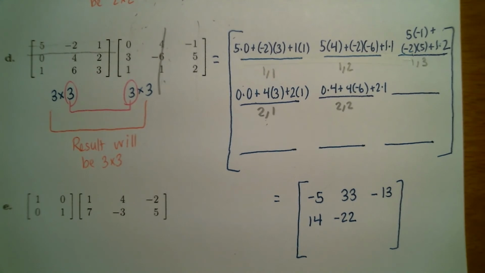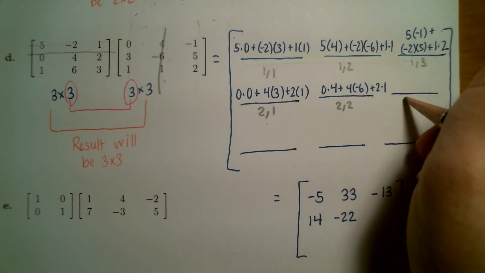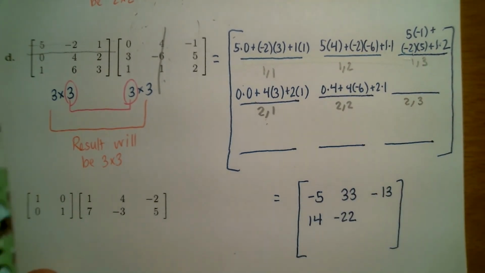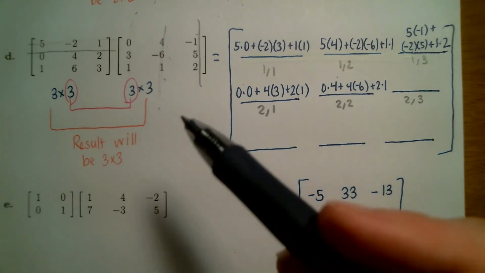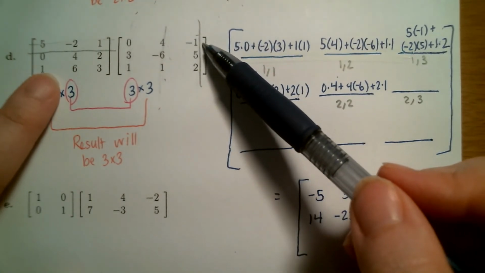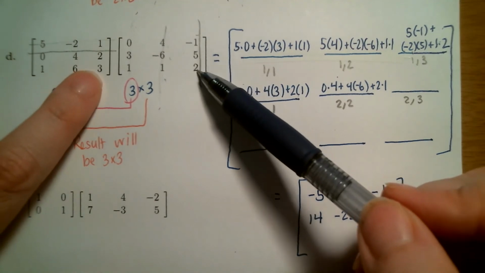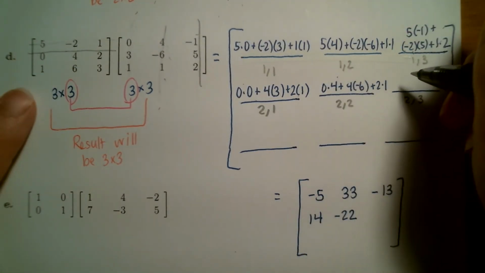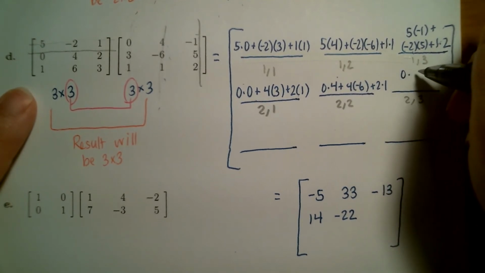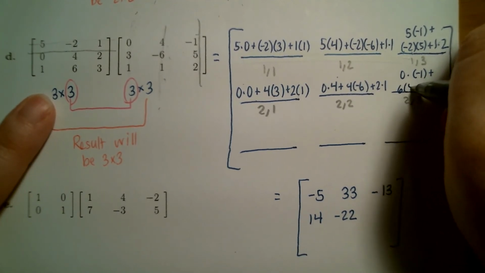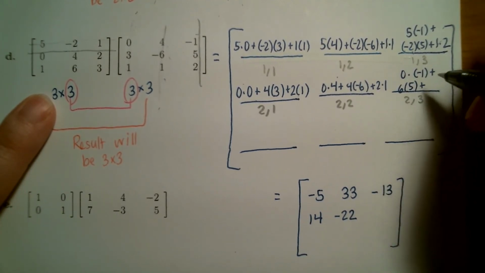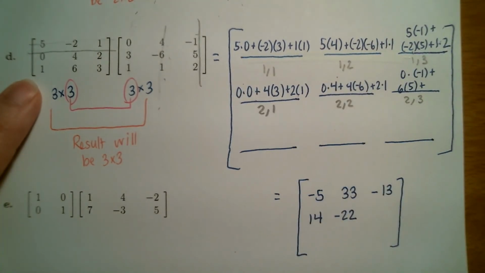One more entry in this row. This is located in the second row, third column. So we've got second row, change your column. So do your dot product. It's going to be 0 times negative 1 plus 4 times 5 plus 2 times 2. Let me squinch this in here. Oops, I wrote the wrong thing down.